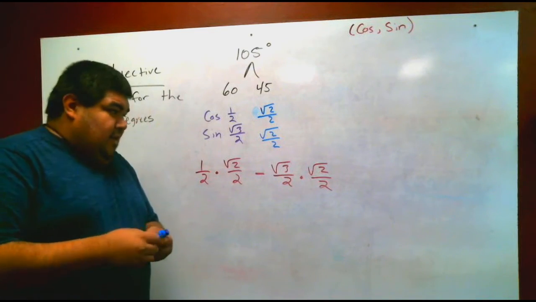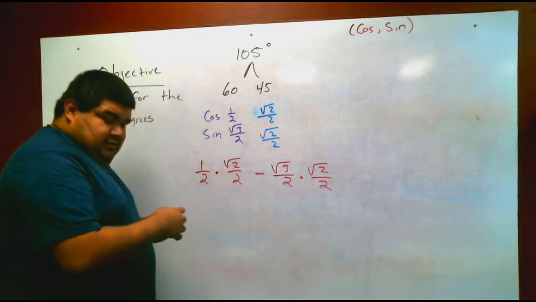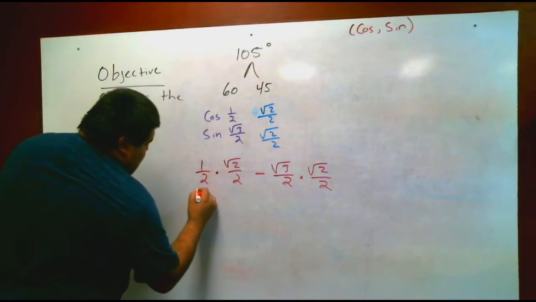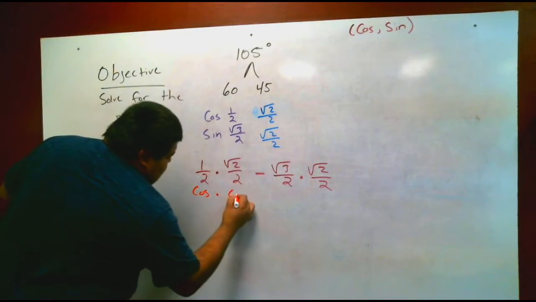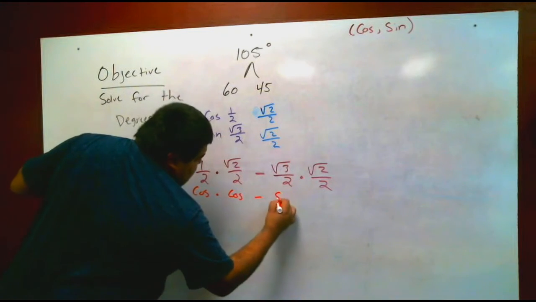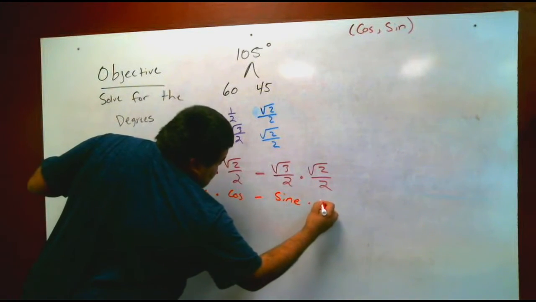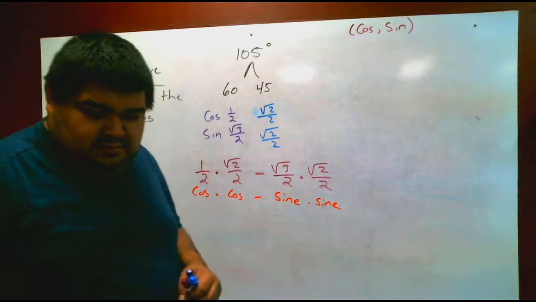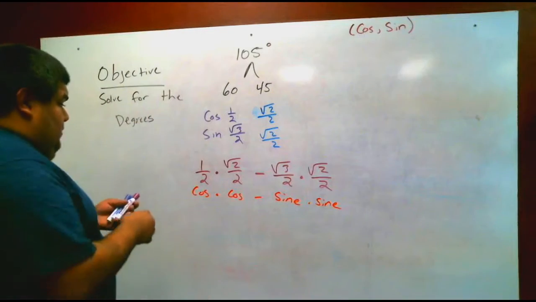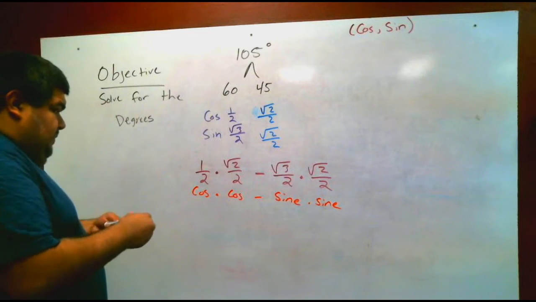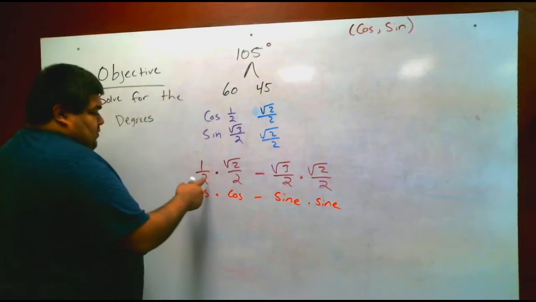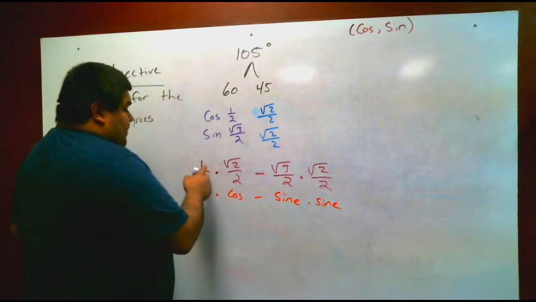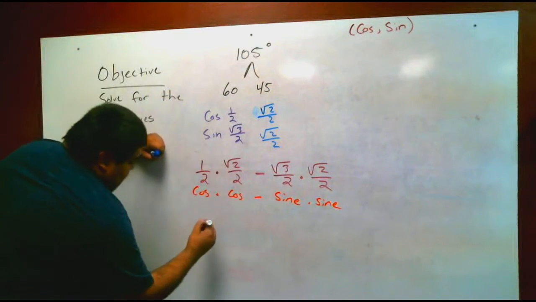Now that we have that, notice that I got cosine times cosine minus sine times sine. Now, 2 times 2, because we're multiplying. 1 times radical of 2 is just radical of 2.